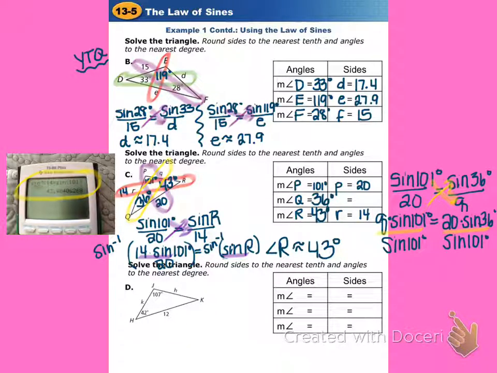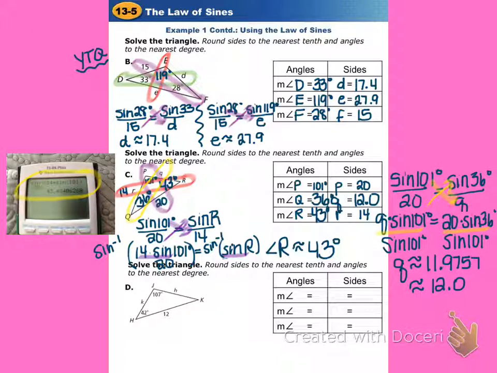And it turns out to be about 11.9757, and so rounding that to the nearest tenth would be about 12. And so we could list side Q in our table now as about 12.0. And just to make sure we know it wasn't exactly 12, we put the 0.0 to show we rounded it to the nearest tenth.